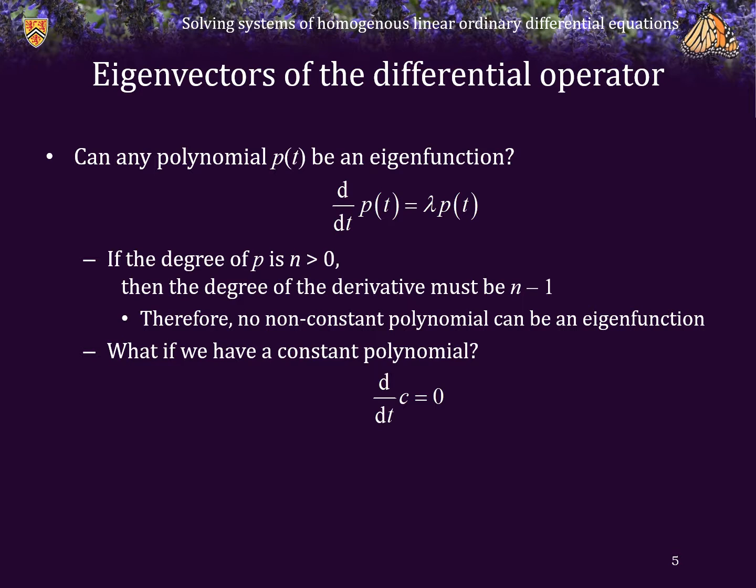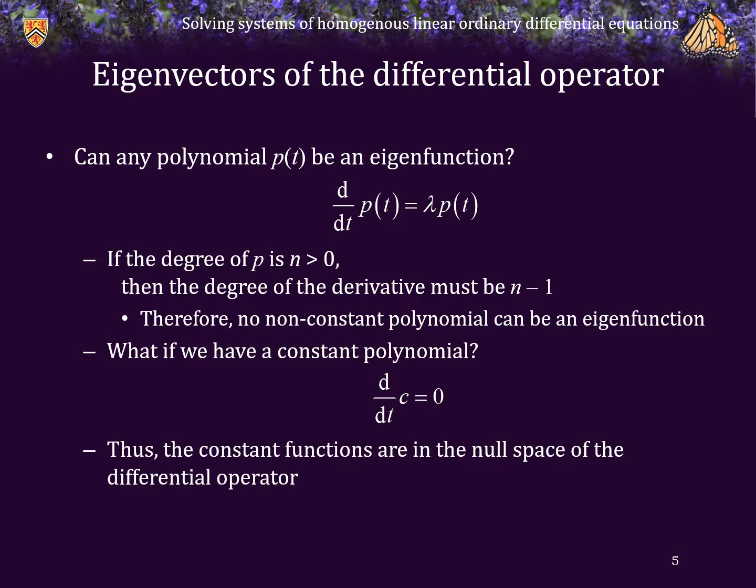However, how about the constant polynomials? Well, wait a second. Yes, that actually does work. The derivative of a constant is equal to 0. That is, the derivative of a constant is 0 times that constant function. Thus, the constant functions are actually the null space of the differential operator. But notice also that the constant functions are actually exactly those functions e^(0·t).